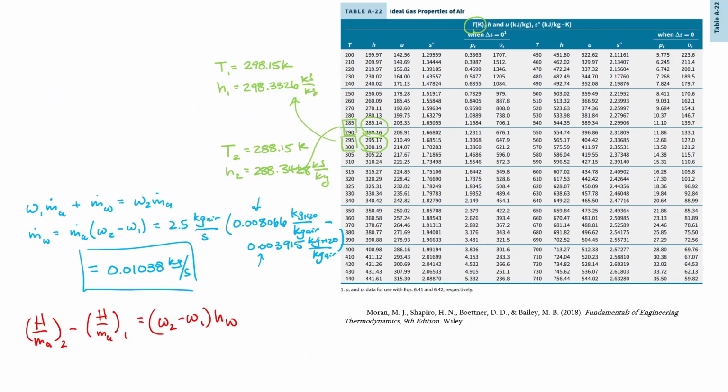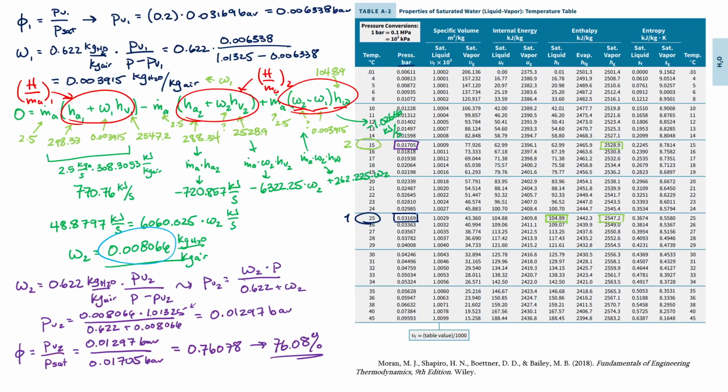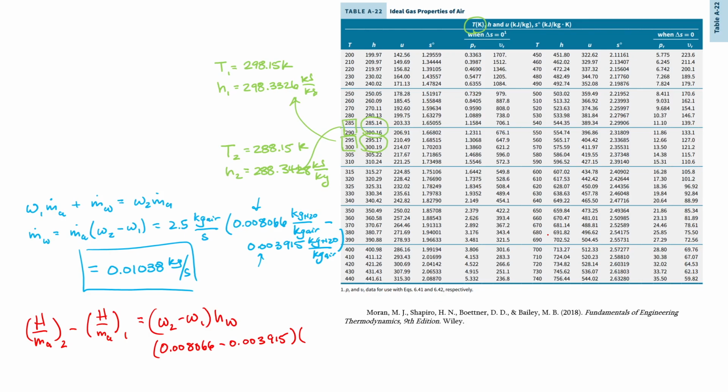So with that, my omega at 2 was 0.008066. My omega at 1 was 0.003915. And the enthalpy of my water was right here, my 104.89.